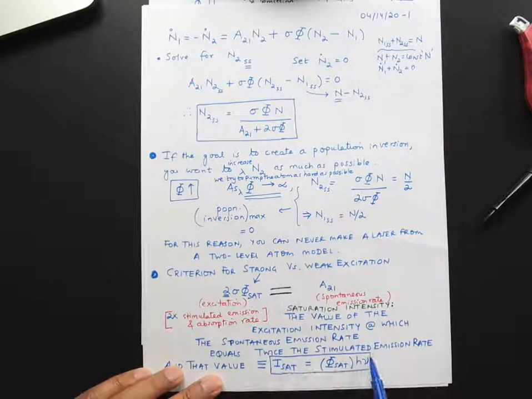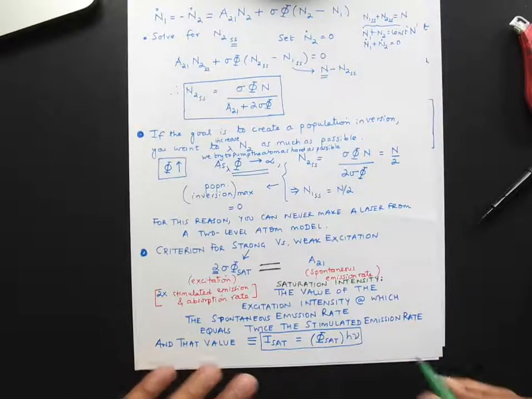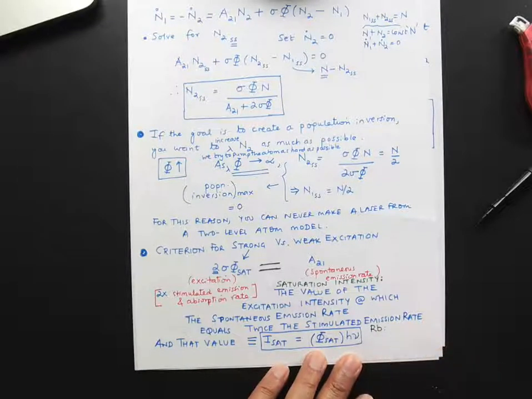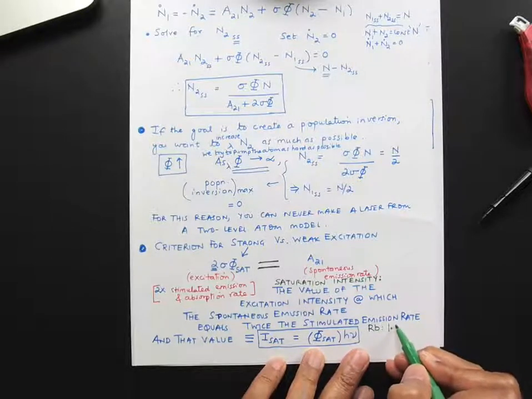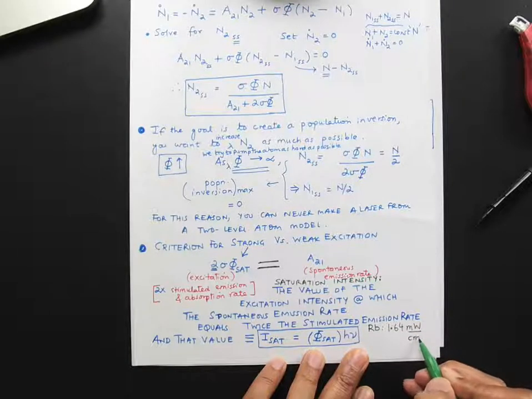Okay, so that's the value of the saturation intensity. And as an example, I do know what it is for rubidium. I actually do not know it off the top of my head for anything else. It's 1.64 milliwatt per square centimeter.